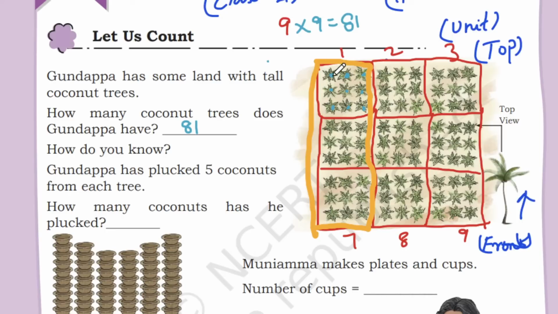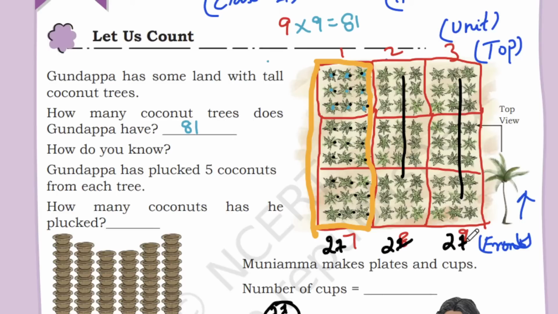Okay, so you can cross check: 1, 2, 3, 4, 5, 6, 7, 8, 9, 10, 11, 12, 13, 14, 15, 16, 17, 18, 19, 20, 21, 22, 23, 24, 25, 26, 27. So we got 27 for these three. In this row we have 27, in this row 27, and again in this row 27.